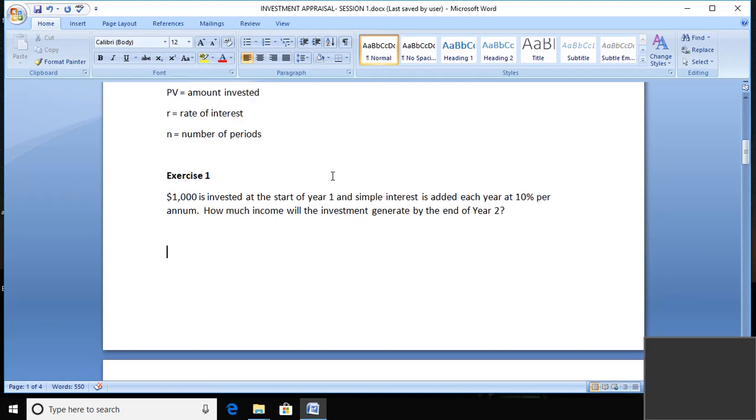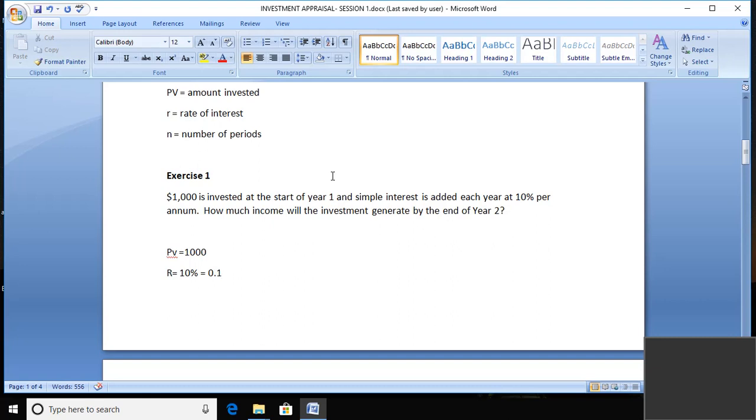So our PV is $1,000. The next thing that we are given in the question is the rate, R. The rate is 10%, so R equals 10%. That 10% as a ratio will be 0.1.